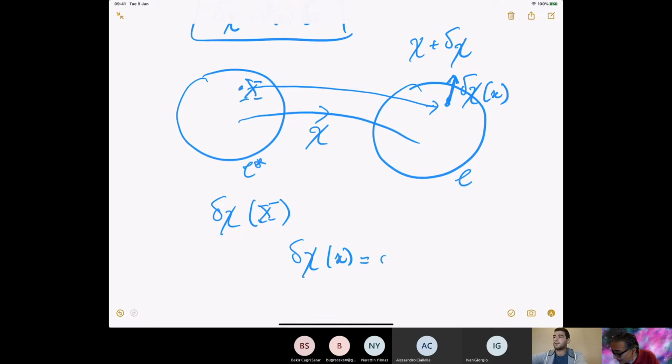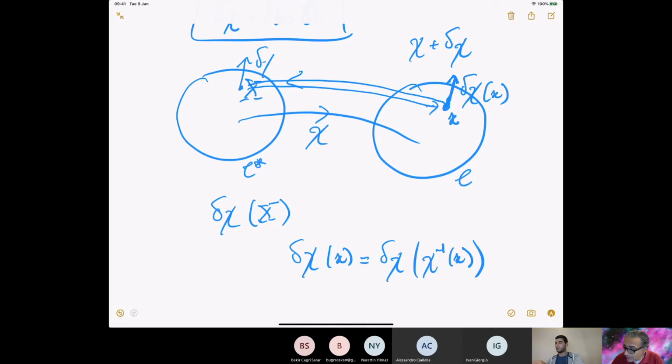So this is equal to delta K composed with the inverse, minus 1, of small x. So I am here, small x. I go back to capital X. I consider the variation delta K here, and I calculate the displacement in small x related to the Lagrangian variation of displacement delta K.